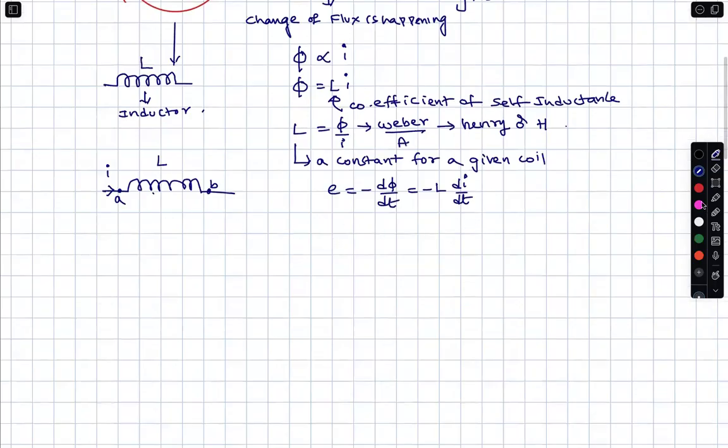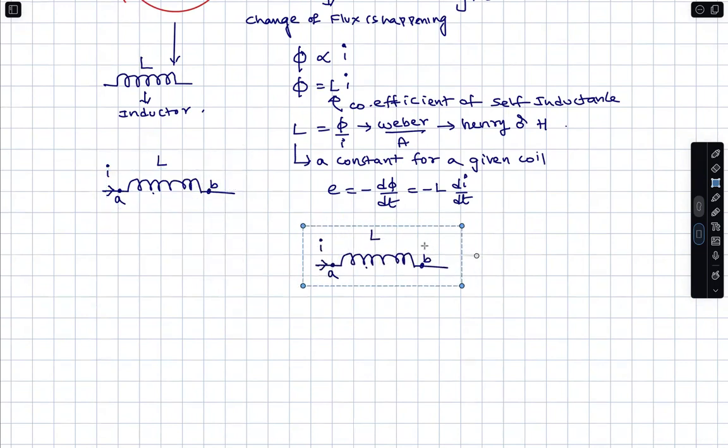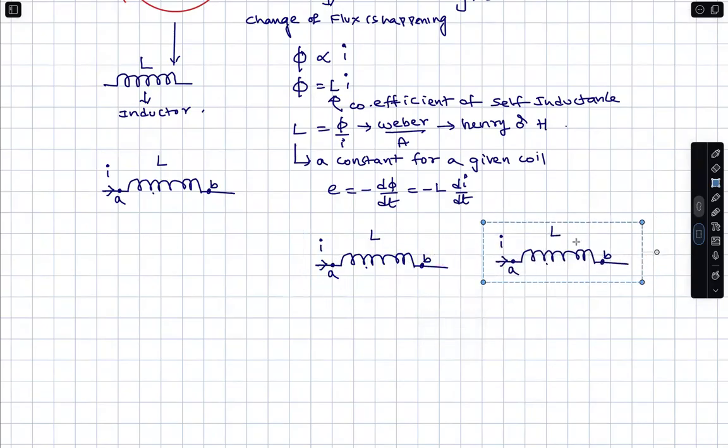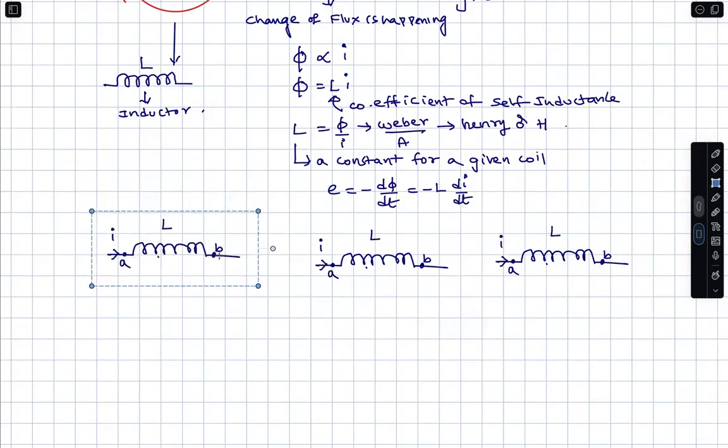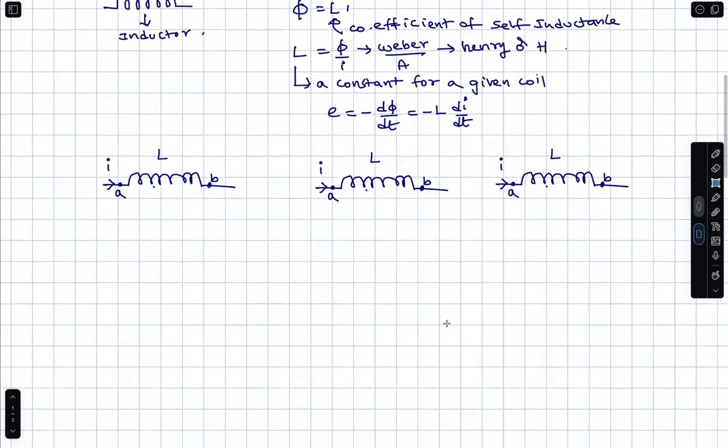Now I will take up this arrangement in 3 different situations. Remember the first situation. I have a steady current.